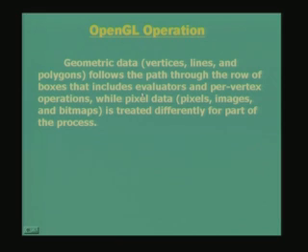So, in OpenGL, when we talk of geometrical data, which is in the form of vertices, lines and polygons, it follows the path through the row of boxes which we have shown in the previous slides, that includes evaluators and per vertex operations, while the pixel data, which could be in the form of pixels, images and bitmaps, is treated differently for a certain part of the process.